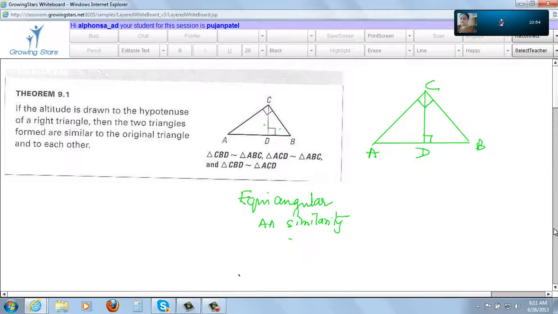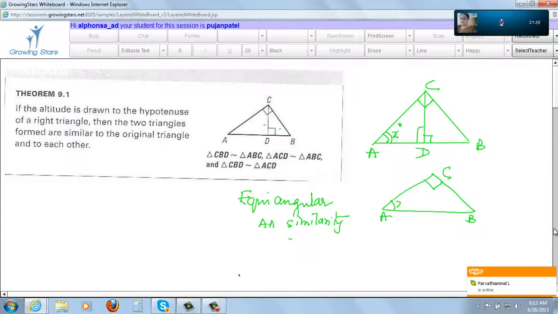Now, the best way to do it is we'll assign angles to these, give measures to these angles. We'll call this x. Let me separate the triangle here. Suppose we have CAB. We have a 90 degrees here, and I have put x over here.